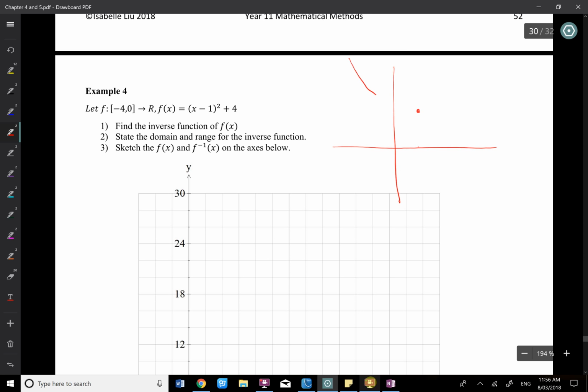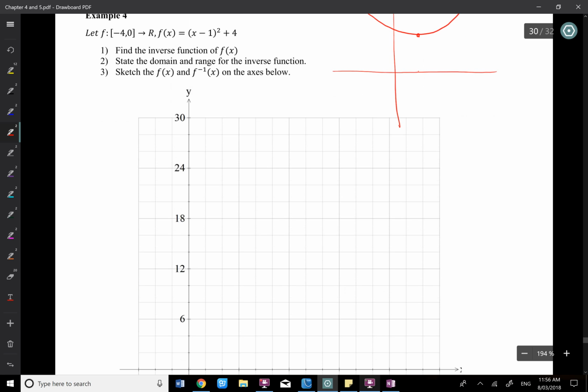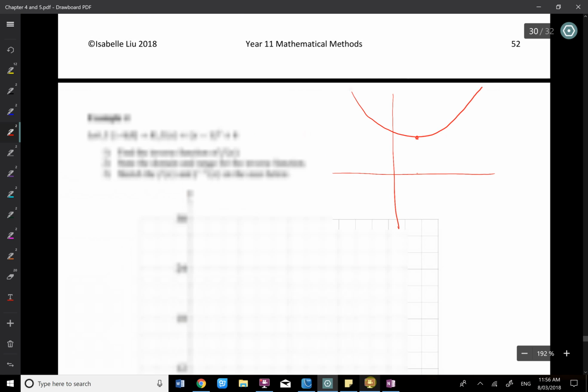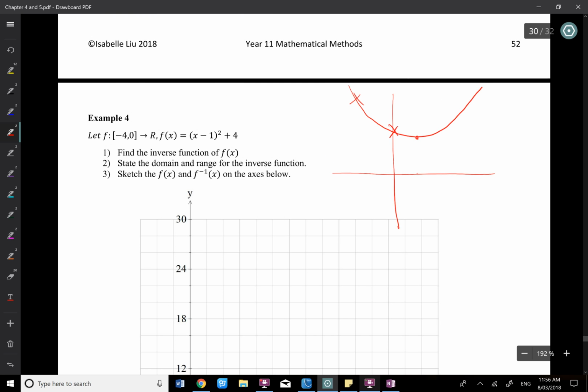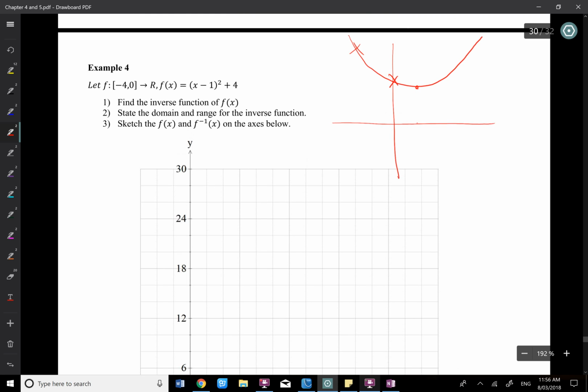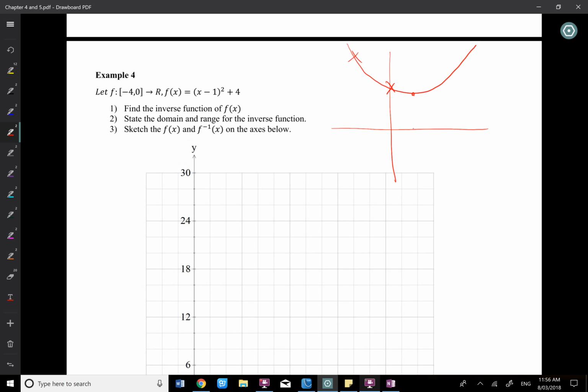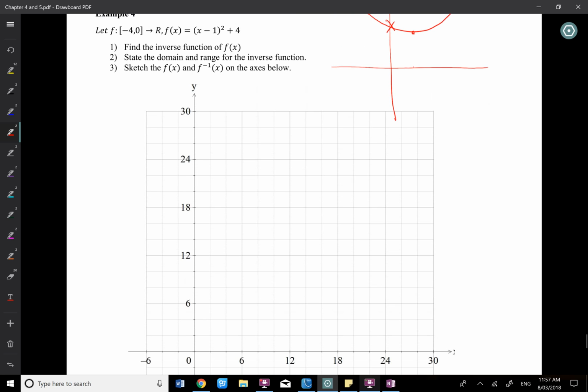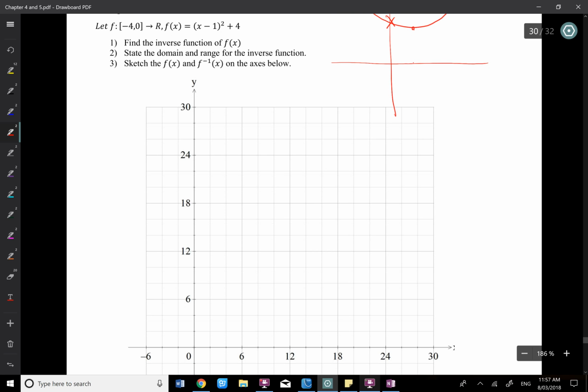The part of the graph it takes is from -4 to 0, the left-hand side. -4 to 0 is this bit. You want to see the full picture and then decide which part you want. So we sub in -4: minus 5 squared, 25. 25 plus 4, 29. So (-4, 29), which is here.